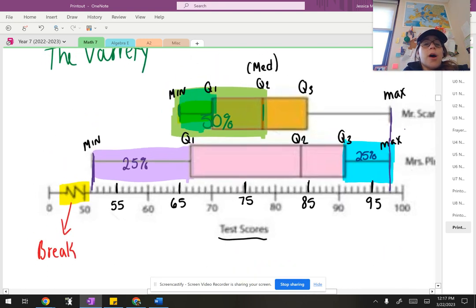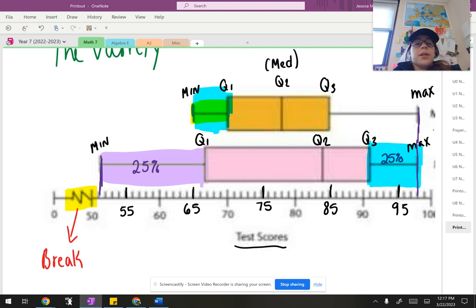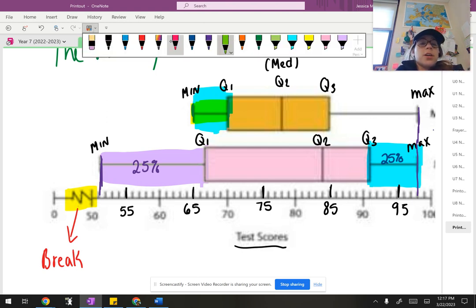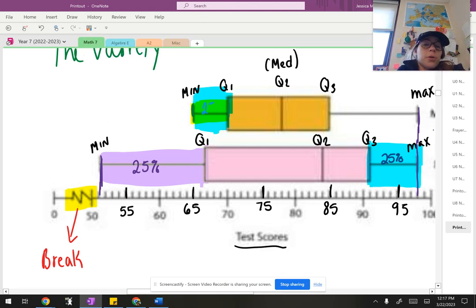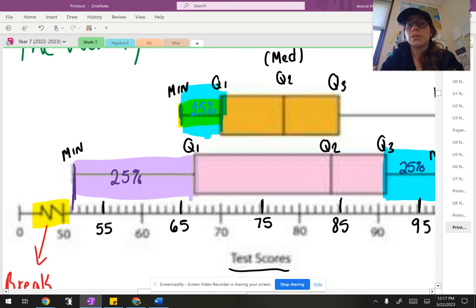And now I just want to pause for a sec. Even though this bluish green part here is 25%, just like that purple is 25%, remember, the fact that those are different sizes has nothing to do with the number of data values, and it has everything to do with how spread out those data values are.